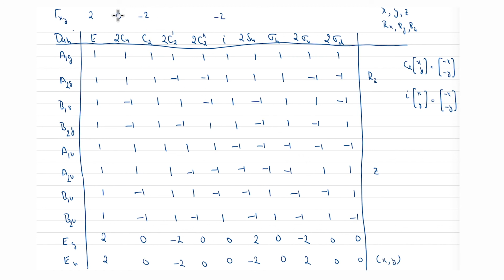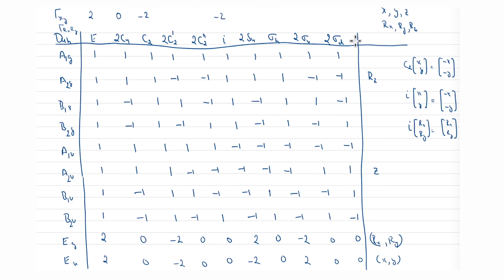Now similarly, if I do it for tau RX, RY, the only difference is with I or sigma h, so we can directly see that. If I do I on RX, RY, what I get is RX, RY. Remember the thumb rules, the rotation vectors do not change their signs under inversion. So that means this will be +2. So RX and RY will form the basis of this.